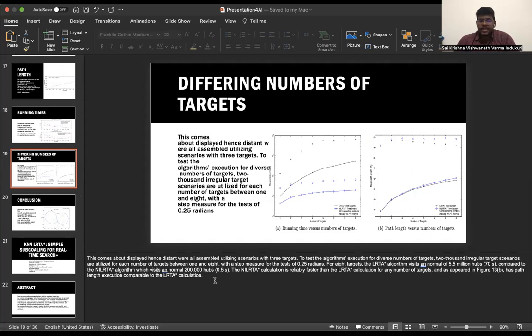So for 8 targets, the LRTA star algorithm visits an average 5.5 million nodes compared to the NILRTA star algorithm, which visits an average 2 lakh nodes.